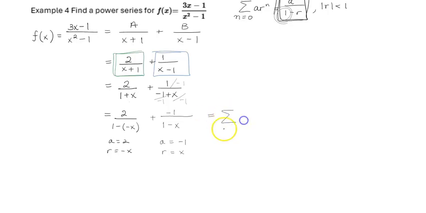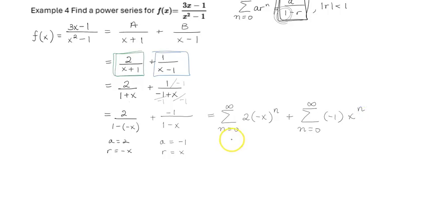In the first one, we have the sum from n equals 0 to infinity of a, which in this case is 2, r to the n. R in this case is a negative x. In the second sum, we have the sum from n equals 0 to infinity of a, which in this case is negative 1, r to the n, where r is x.